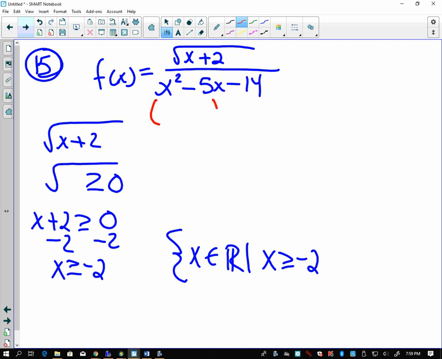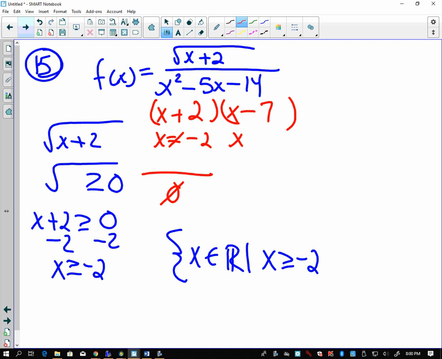Then we do down here, what we cannot have is 0 in the denominator. So we got x and x, we got plus and minus, things that multiply to be 14 are 2 and 7. My 7 would have to be greater, it's 5 greater than 2, which is going to give me that difference. So we know that x cannot be equal to -2, okay? And x cannot be equal to 7.